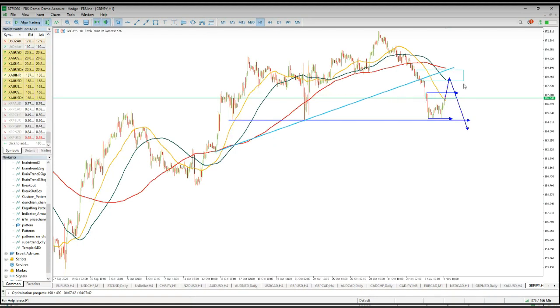So that means that there's a high chance that this other block becomes that point where we get our reaction. So we're going to keep our eyes peeled for that other block on the 1 hour, 4 hours, daily time frame, and watch how price reacts to that other block.